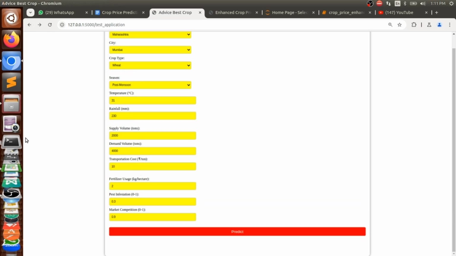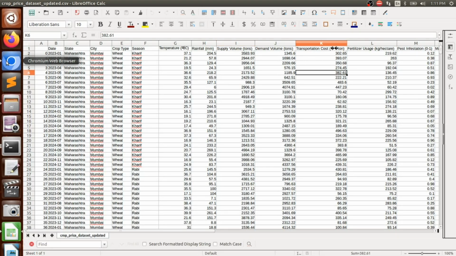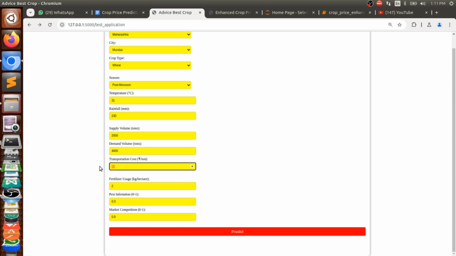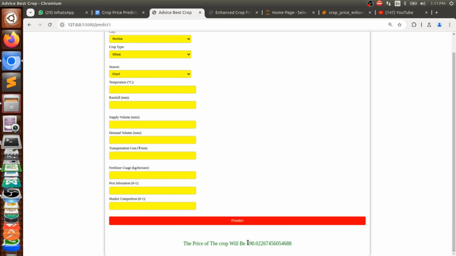Again, we will see the transportation cost ranges first. Transportation is a very high number, and we are giving very little. So let us take 500. Now you see the things are changing.